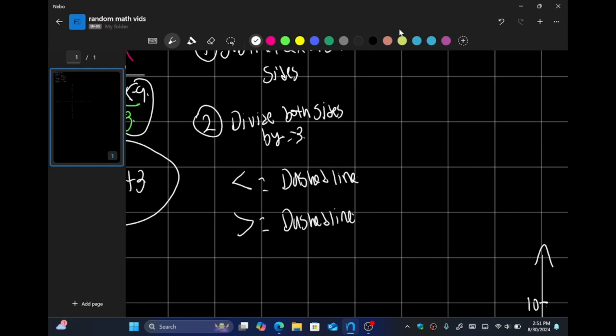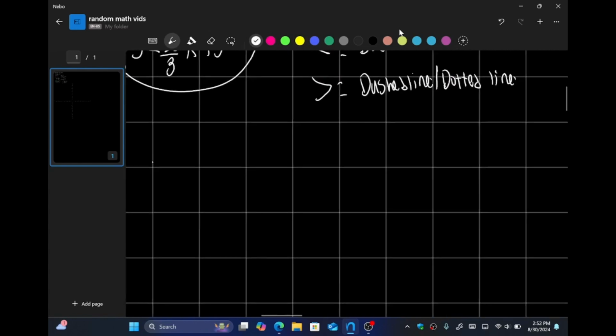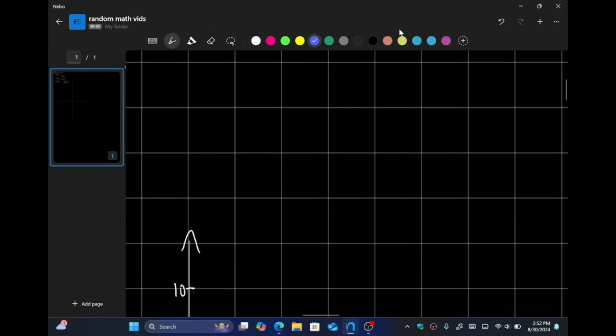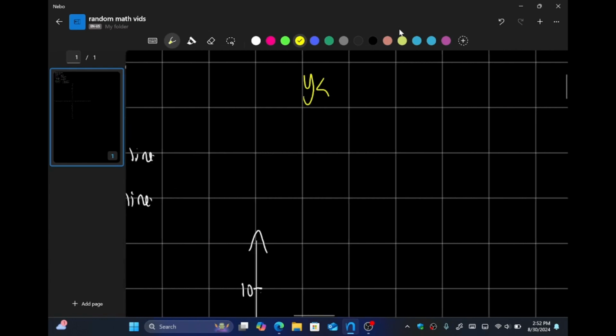They also call it a dotted line. Okay, so we're going to graph this, and I'm going to put it in yellow. So y is less than 2/3 x plus 3, right?